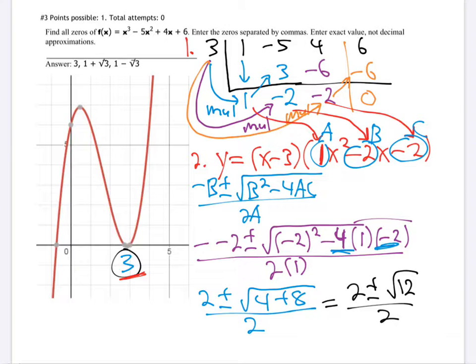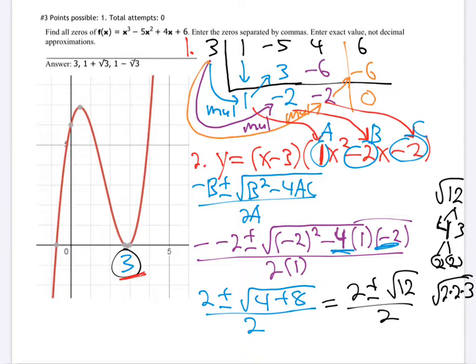Now, how do we simplify the square root of 12? Do you remember simplifying roots? Roots are a 2-for-1 deal at Target, right? Remember that? So I take that square root of 12 and I break it down 4 times 3, and that's 2 times 2 times 3. So the square root of 12 is the square root of 2 times 2 times 3.